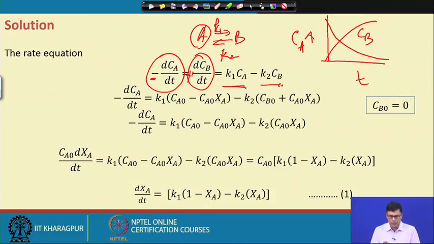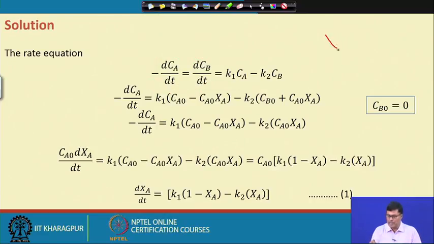Now, if you want to write in terms of conversion, suppose we assume that Xa is the conversion. What is Xa? I told you, Xa equals Ca0 minus Ca by Ca0. This is the fraction that is converted.